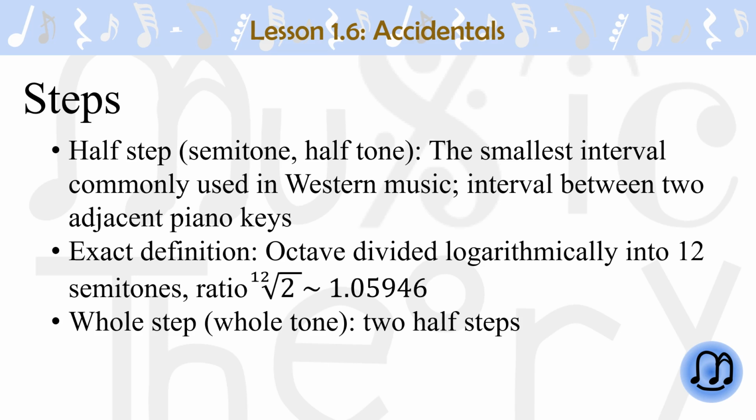The exact definition is each octave is divided logarithmically into 12 semitones, with the ratio of the frequencies of two notes a half step apart being the 12th root of 2, or about 1.05946. A whole step, also called a whole tone, is 2 half steps.